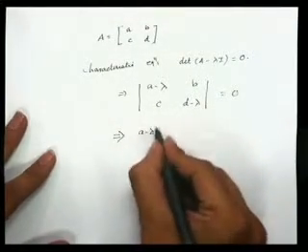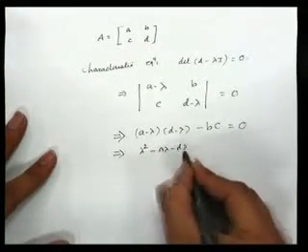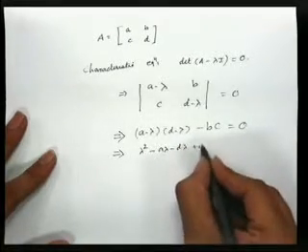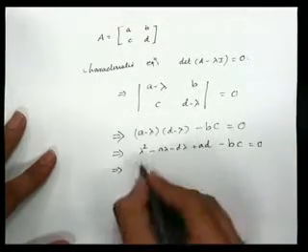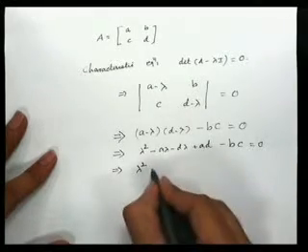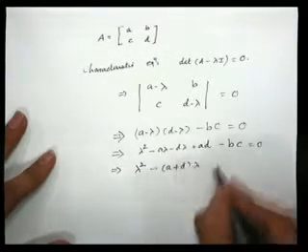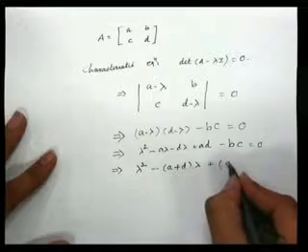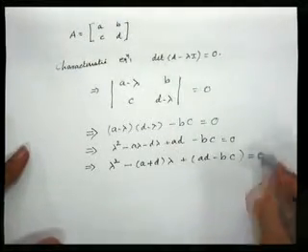Expanding this determinant, this is (a minus lambda)(d minus lambda) minus bc equal to 0, which gives lambda squared minus a lambda minus d lambda plus ad minus bc equal to 0, so that we have lambda squared minus (a plus d) lambda plus (ad minus bc) equal to 0.